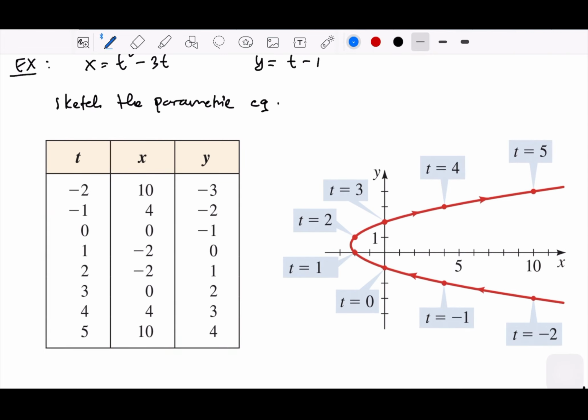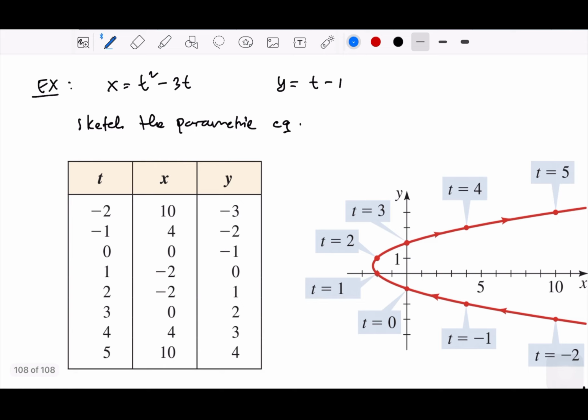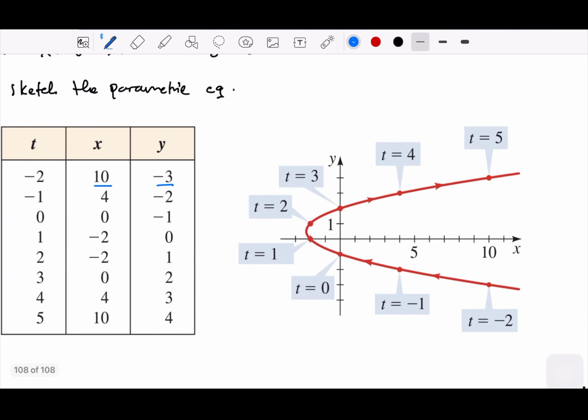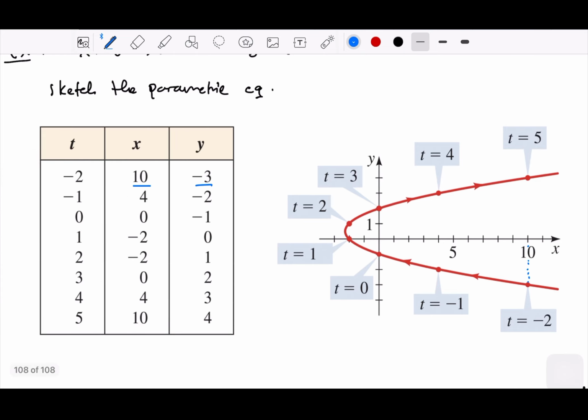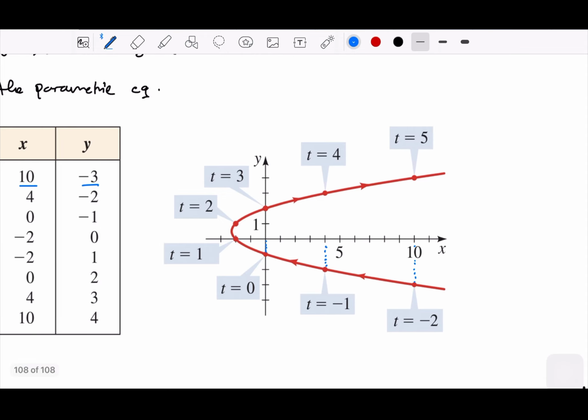Okay, we start from t equals negative 2. If t is negative 2, x becomes 10, y becomes negative 3. So t negative 2 is here. And then if we have t negative 1, it's here. And then t equals 0 is here. And then we take all possible t, and then we see that we have this kind of curve.